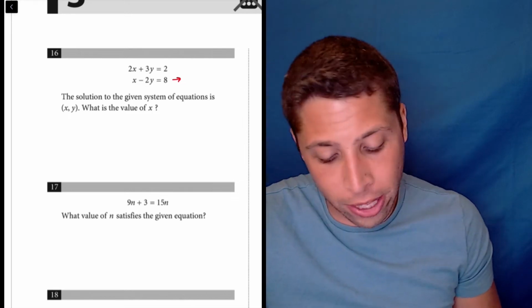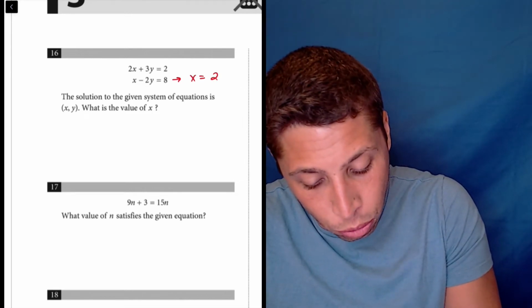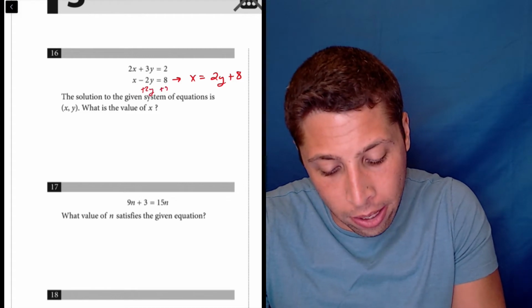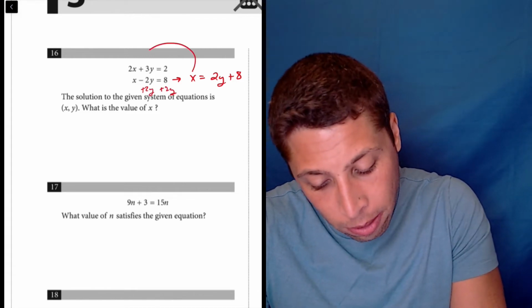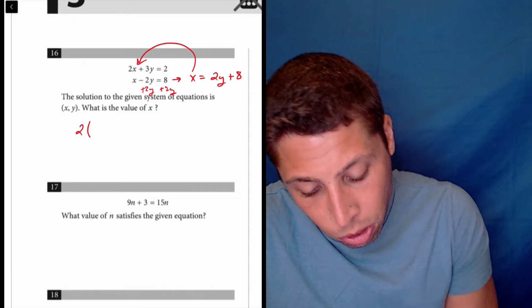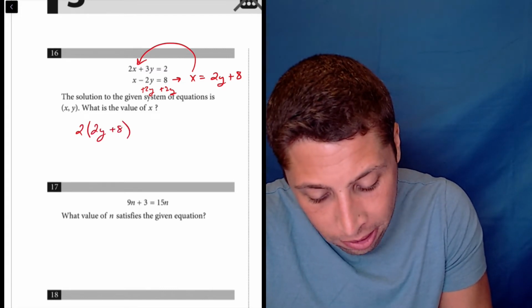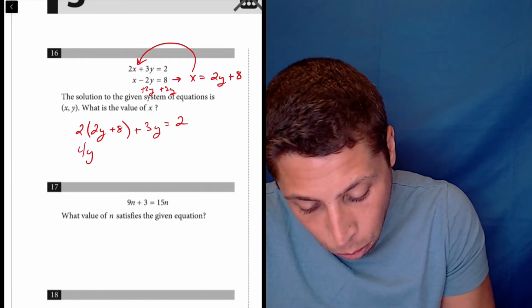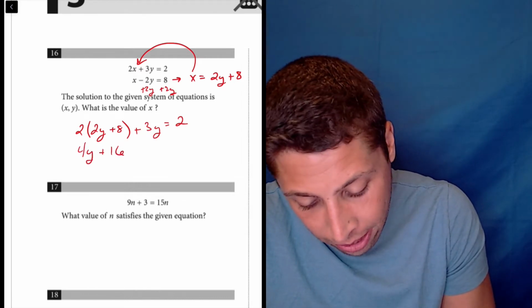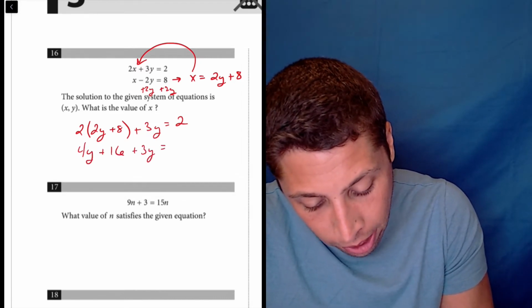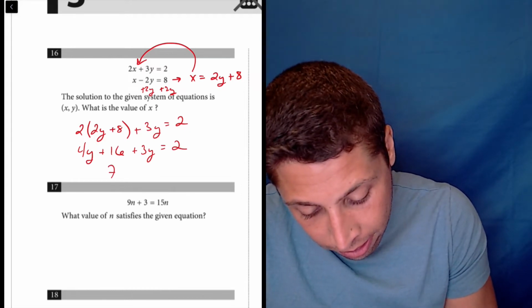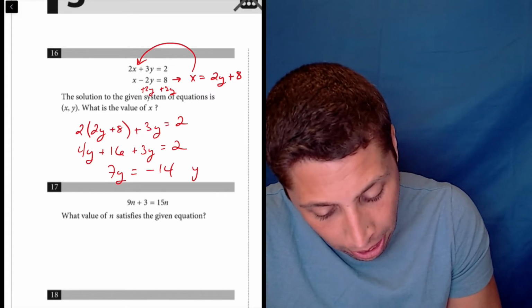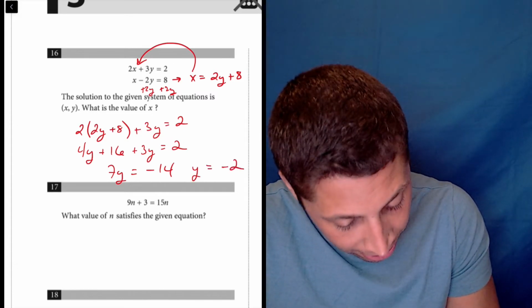So I'm going to rearrange this to x is equal to 2y plus 8. It's very easy to add that 2y to both sides. So now I'm going to substitute that in here. So that's 2 times 2y plus 8 plus 3y is 2. So that's 4y plus 16 plus 3y is 2. So that's 7y minus the 16 is -14, and y is -2.